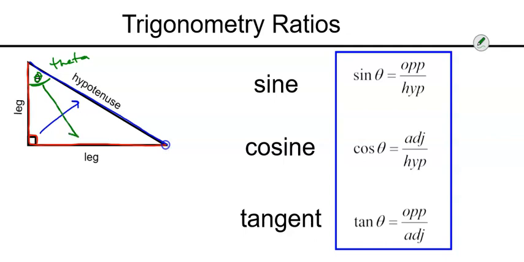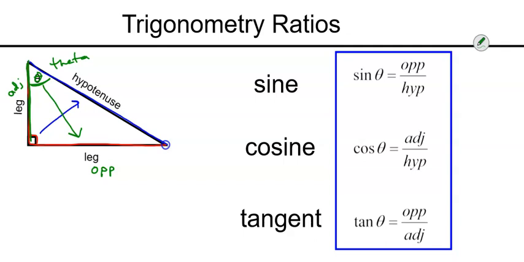Across the triangle from that theta, the angle you're using, is called the opposite leg. And the leg right next to your angle is called your adjacent leg. So you're always working with opposite, adjacent, and hypotenuse when you're working with these trig ratios, okay?